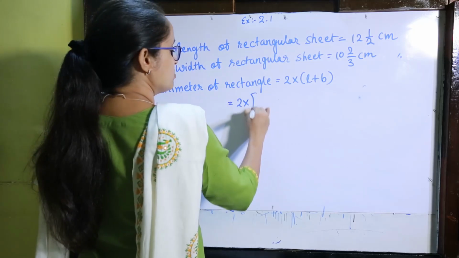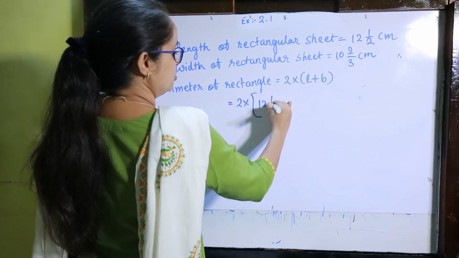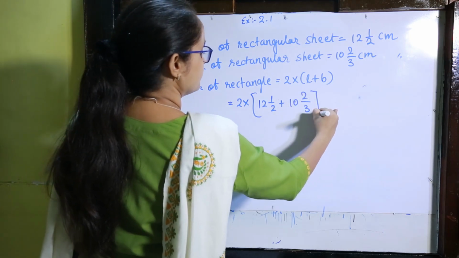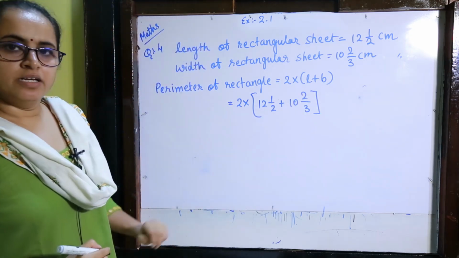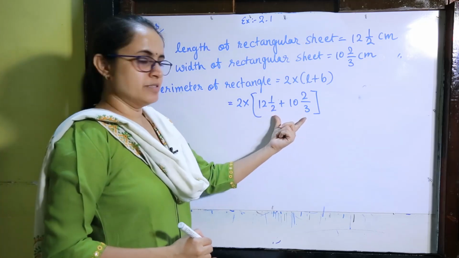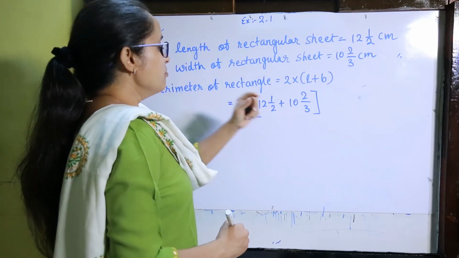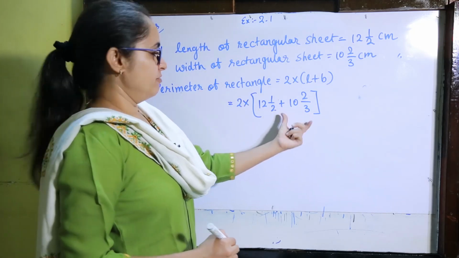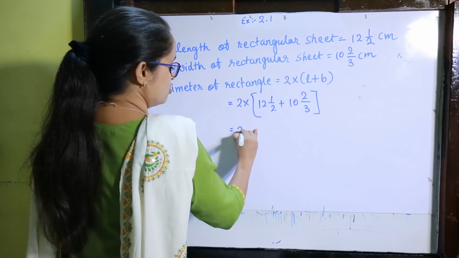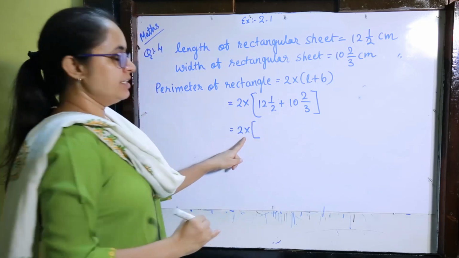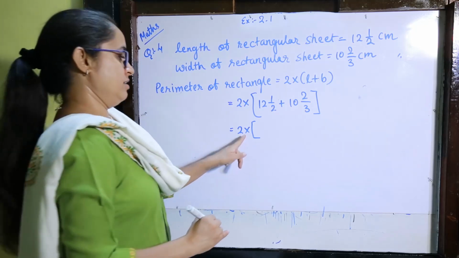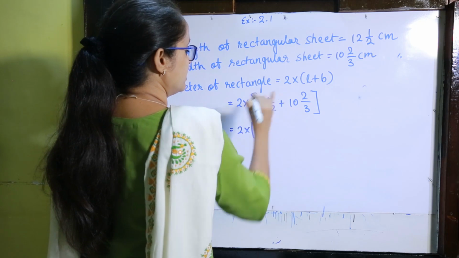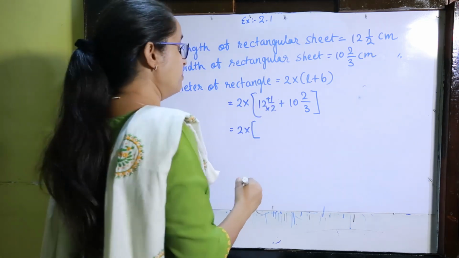Now what is in place of L? 12 1/2 plus 10 2/3. Right, these are both your measurements. Now both measurements are in mixed numbers, so you have to convert them into improper fractions. So first, keep 2 multiply, every time you need to keep 2 multiply, this should be there. Now first of all we have to convert the mixed numbers into improper fractions.